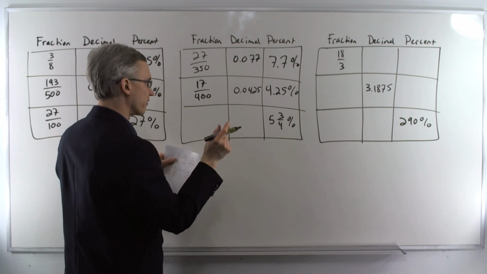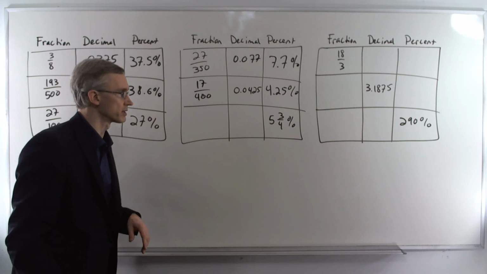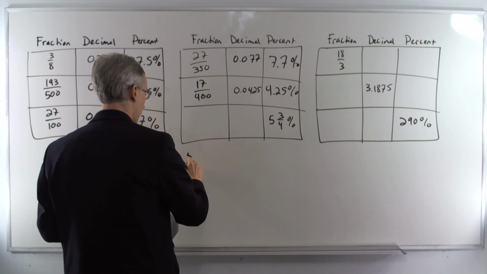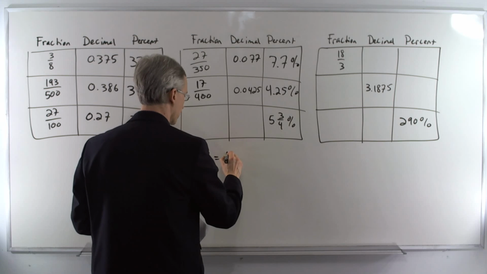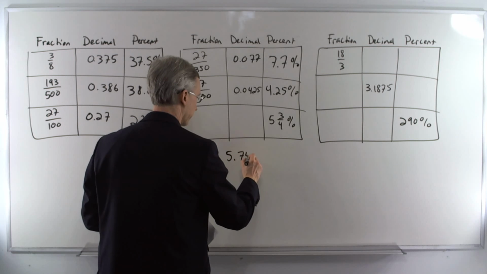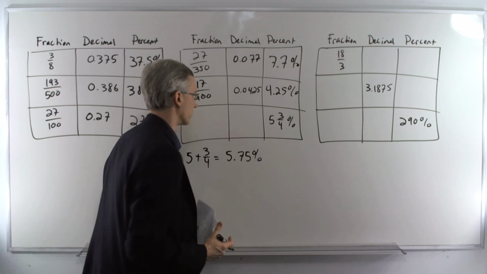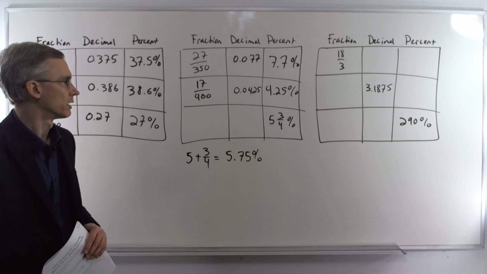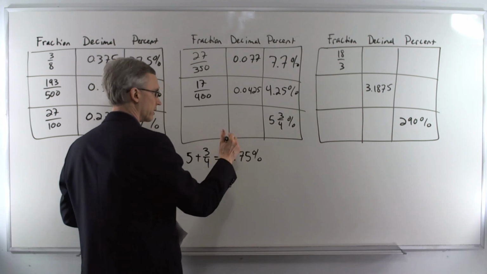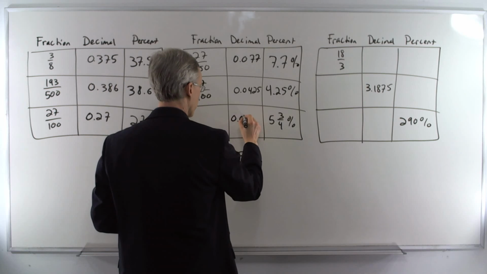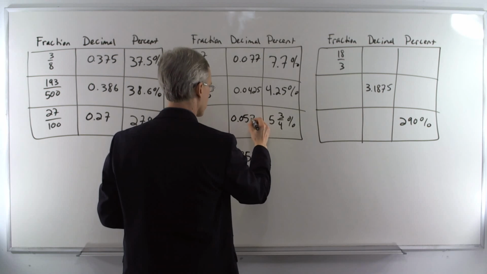And finally, 5 3/4%. So this is one where we want to do 5 plus 3/4, which is 5.75%. Now that we have it as a decimal, move it 2 to the left and get 0.0575.